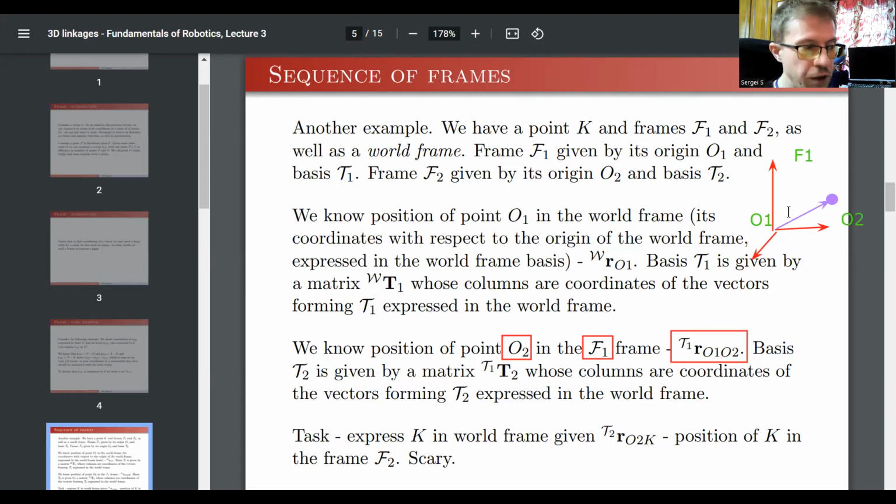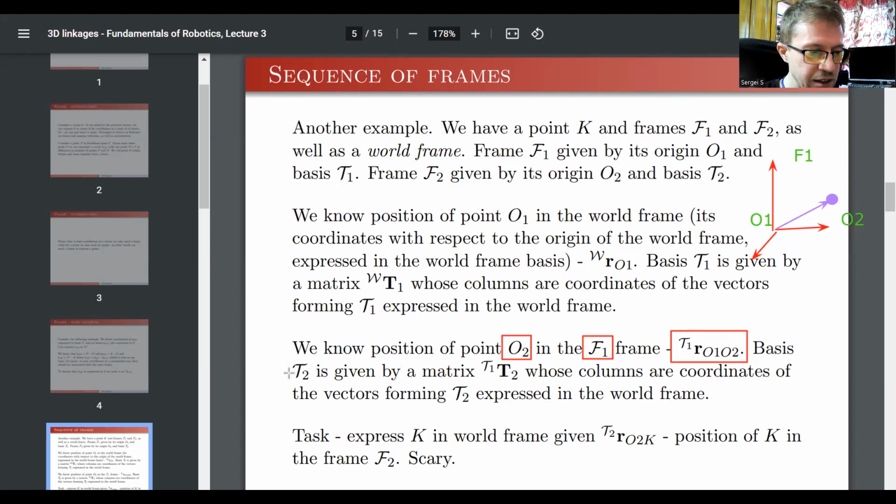And this whole thing has to be expressed in terms of the basis, which for the F1 frame is T1. So this makes perfect sense. What I'm trying to say is that there is a vector that points from O1 to O2, and it is expressed in terms of basis T1. Okay. Sounds complicated, but it's not very complicated in this case.